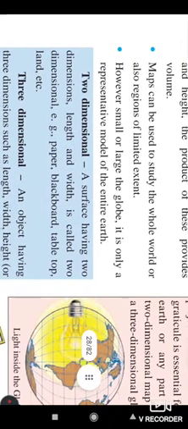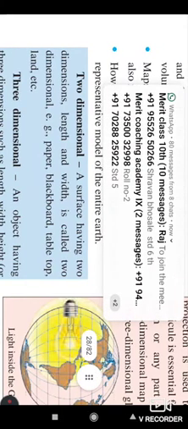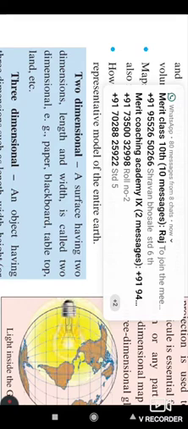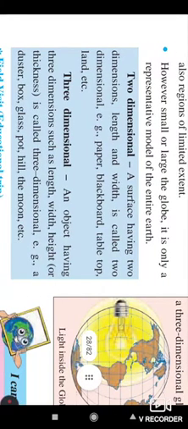Look at this, the two dimensional and three dimensional of the globe. Okay, a surface has two dimensions, length and width. Only a surface having length and width is called two dimensional, such as paper, blackboard, table, tabletop, land, etc. Three dimensional, 3D.